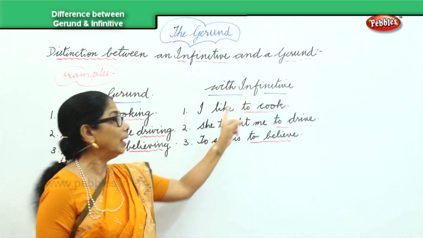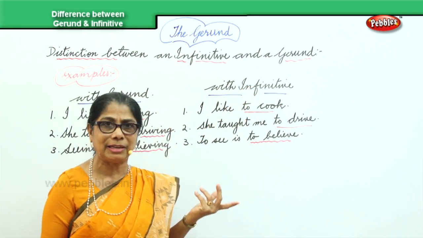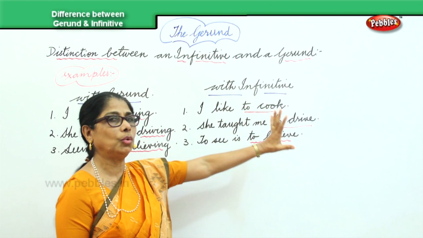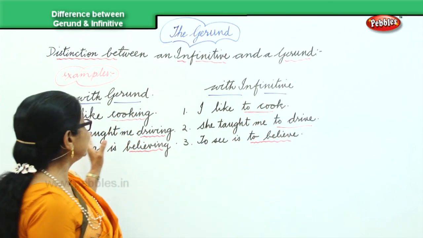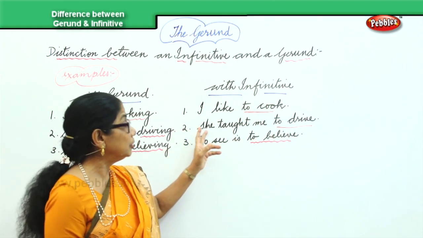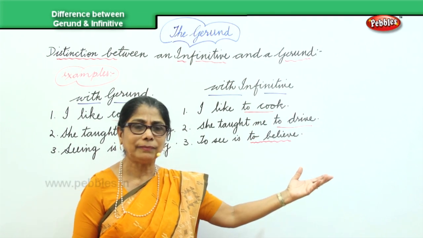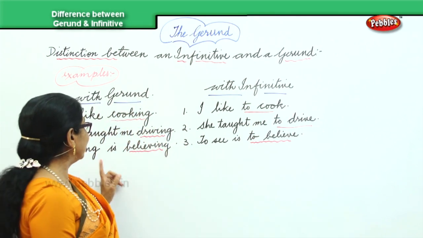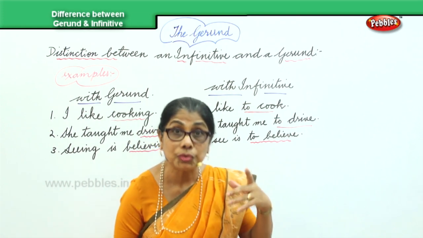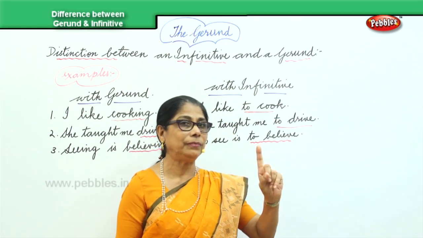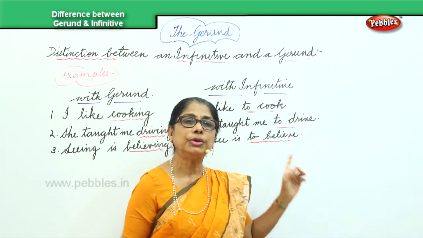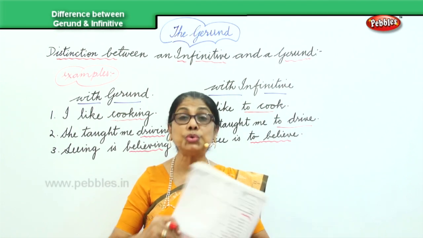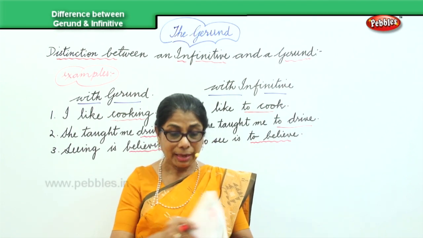I like to cook. There isn't much difference between the two. She taught me driving. She taught me to drive. Seeing is believing. To see is to believe. So when you form the infinitive, you add to the verb. Okay? And that's it.